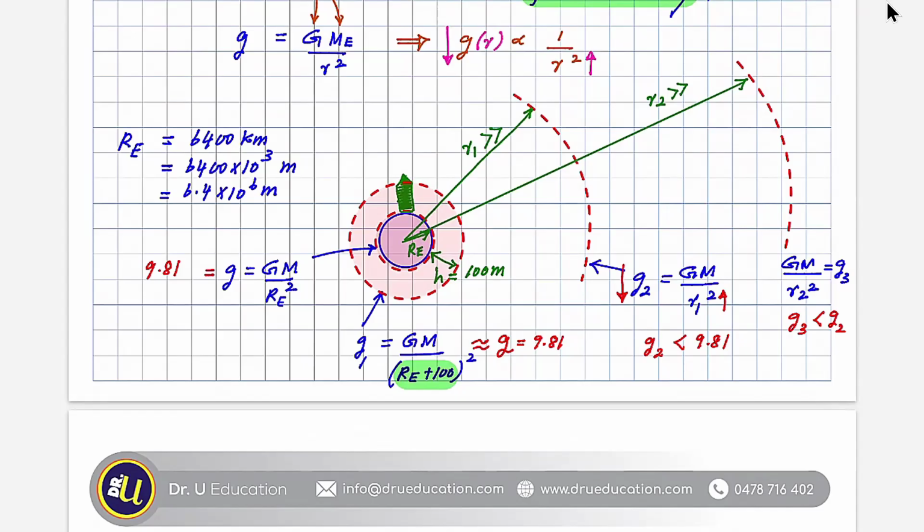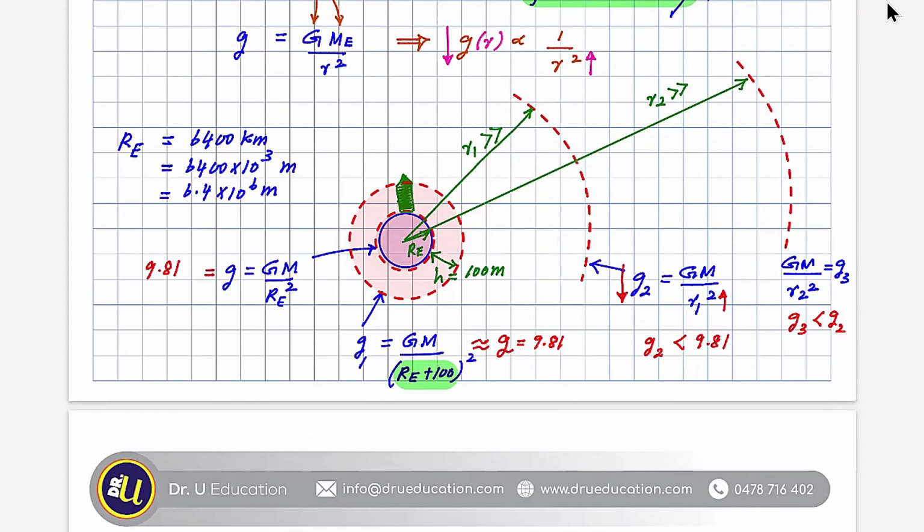So we have to understand this 9.81 number can be used around the Earth's surface only. But when you go further, they're different.